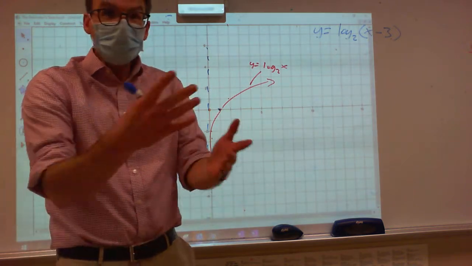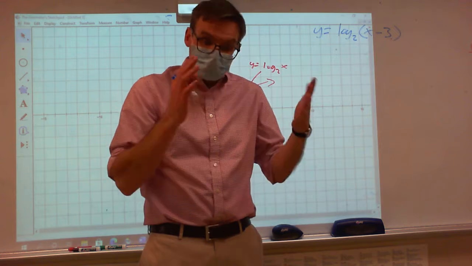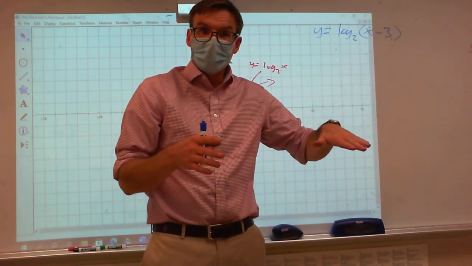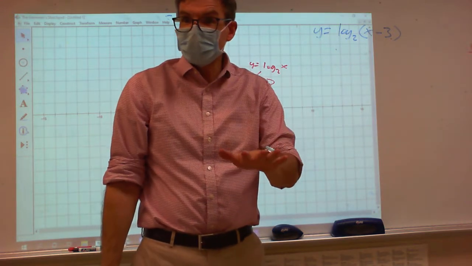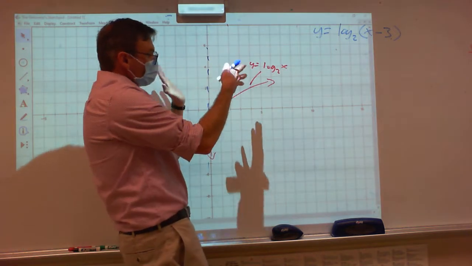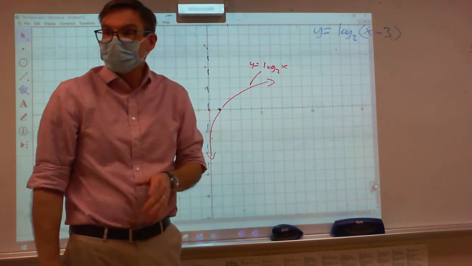Move to the right 3. The rules haven't changed, have they? Right? The rules are if it's inside the parentheses, it's going to move left and right. If it's outside, it moves up and down, right? And if it's inside the parentheses, it goes backwards, right? Is everybody okay with that? And so what the red graph is going to do is take the blue graph and shift it to the right 3.